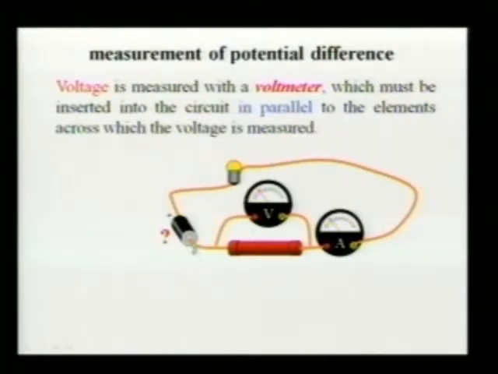We have that this potential on the battery agrees with this potential on the voltmeter. However, this potential at the battery is not equal to this potential at the voltmeter. So these two elements are not connected in parallel, and therefore this voltmeter does not measure potential difference across the battery.